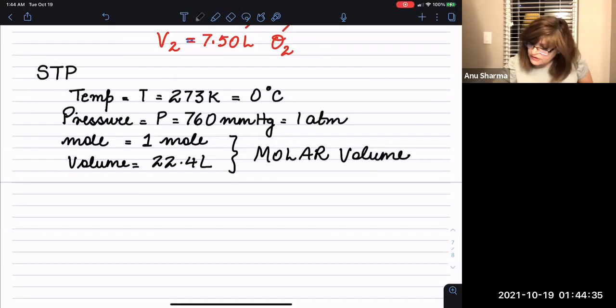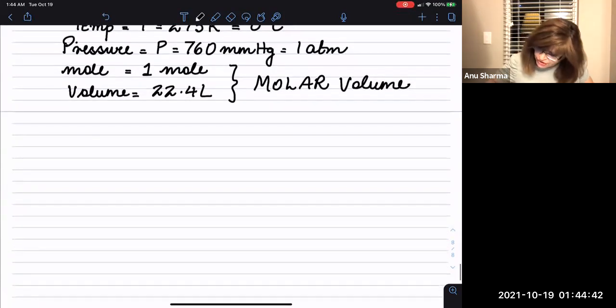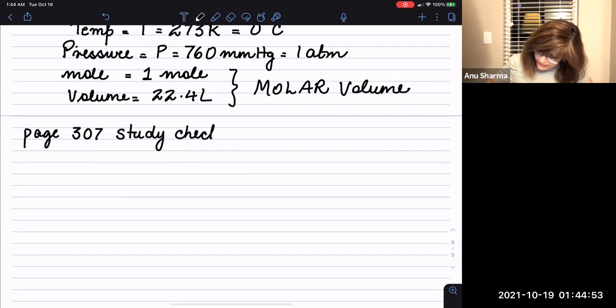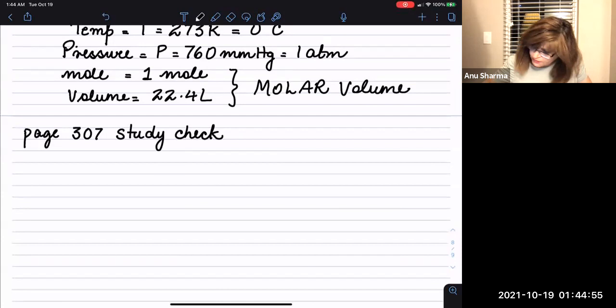Okay, now let's look at this problem. This is the study check problem, page 307, study check 8.8.